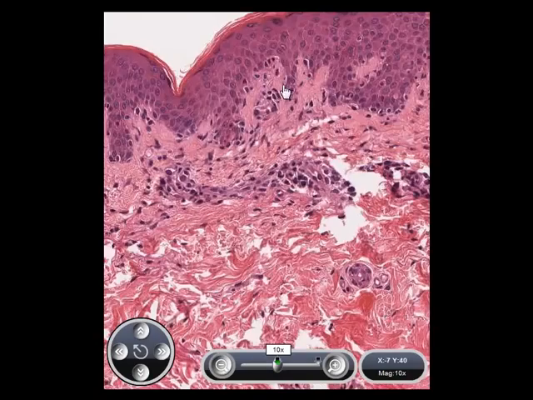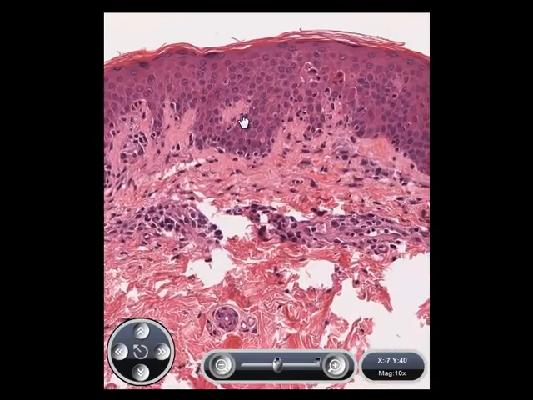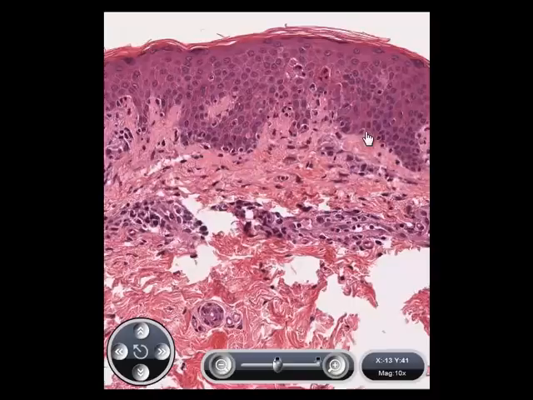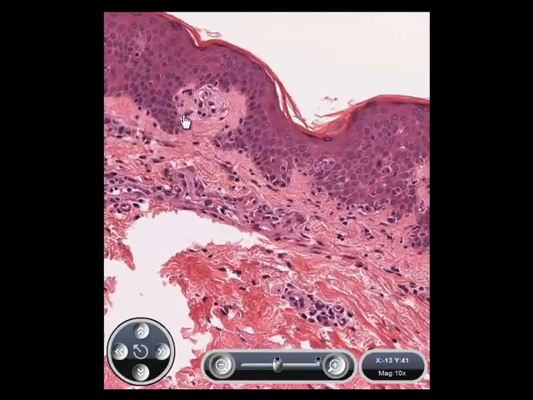on higher power, we can begin to see that within the epidermis there is a lack of normal maturation of the epidermal keratinocytes, and we're starting to see several dyskeratotic or apoptotic keratinocytes. These cells tend to be localized mostly along the dermal epidermal junction, leading to focal areas of vacuolar change along the basal layer.